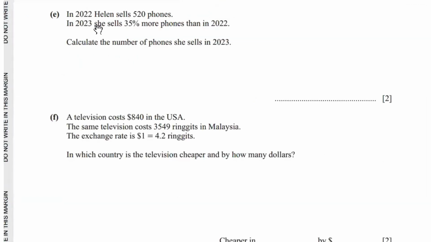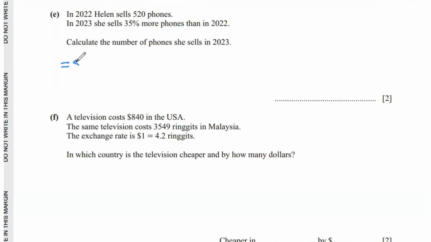Then in 2022, Helen sells 520 phones. In 2023, she sells 35% more phones than in 2022. Calculate the number of phones she sells in 2023. So we need to find 35% of 520 and then add the result to 520, or we can find 135% of 520.